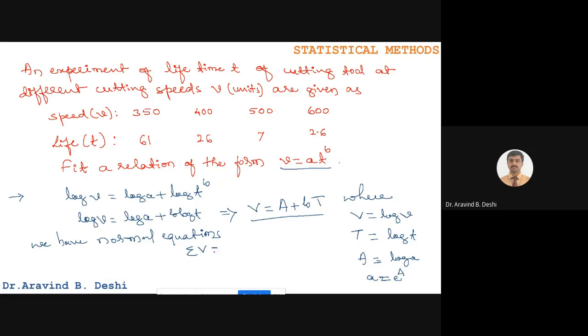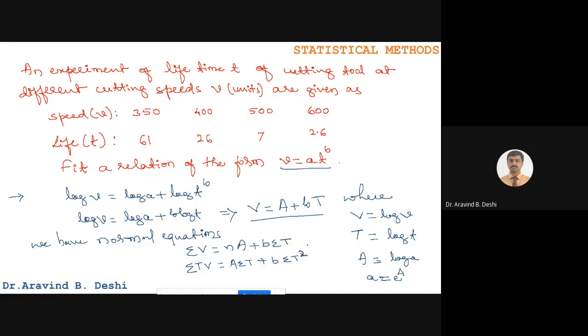Summation V equal to n into a plus b into summation T. Here T is the independent variable and V is the dependent variable, therefore we multiply T on both sides and take summation: summation TV equal to a into summation T plus b into summation T square.